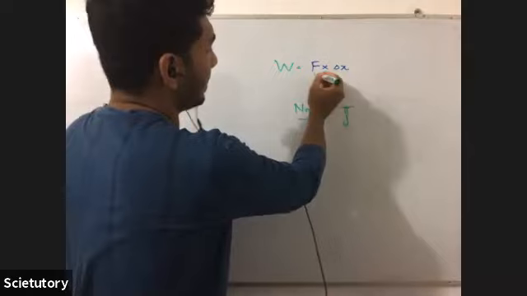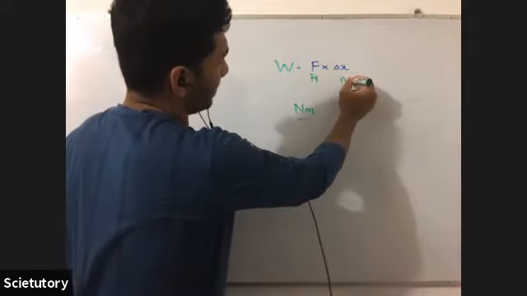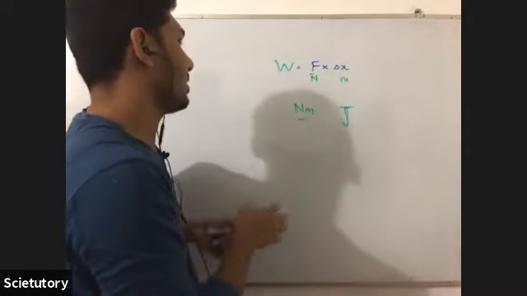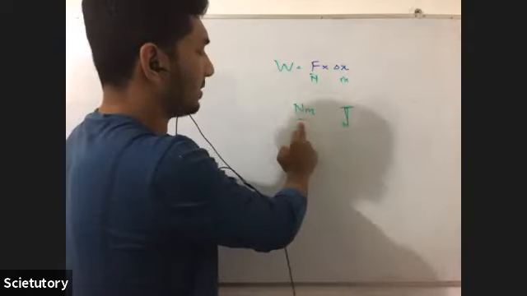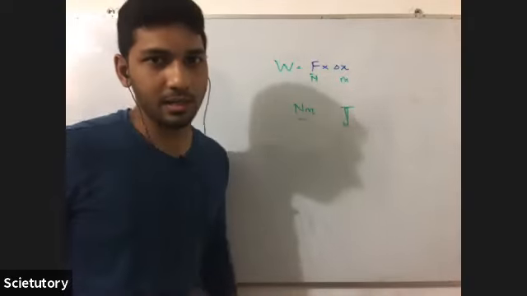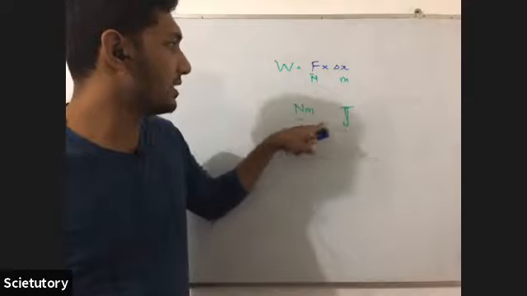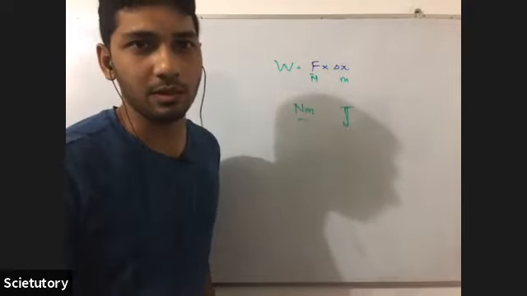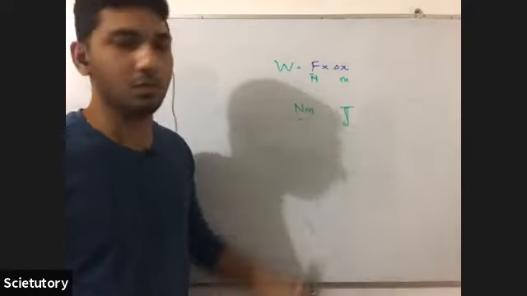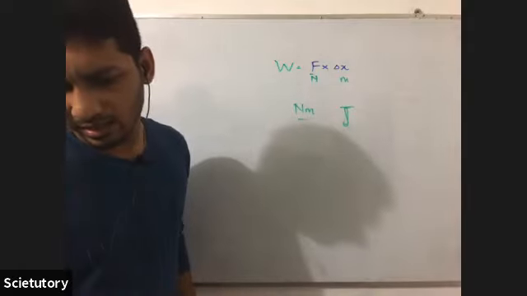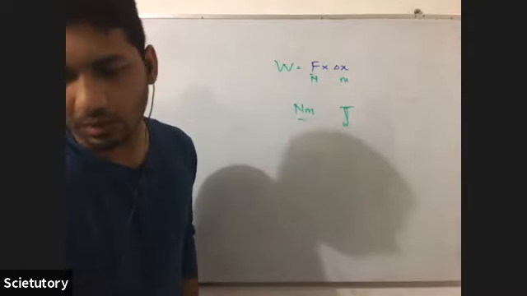So this has the meaning of Newton meter, which is equivalent to joules. But we don't express energies in Newton meters, only work. Work can be expressed in joules. Internal energy, mechanical potential energy, work, all are the same.